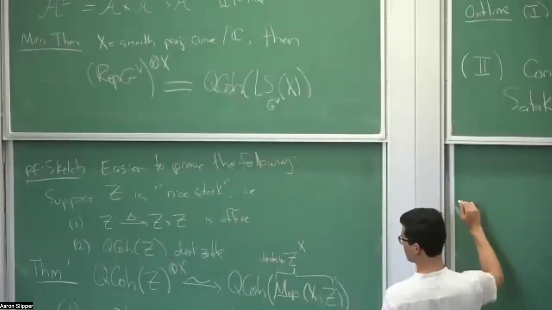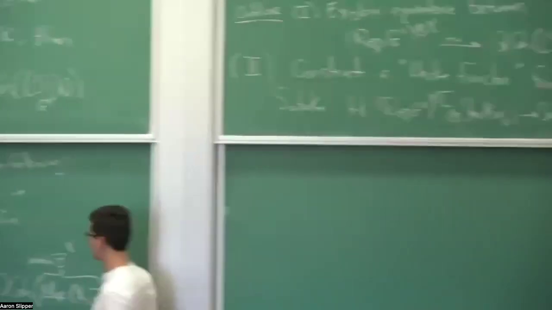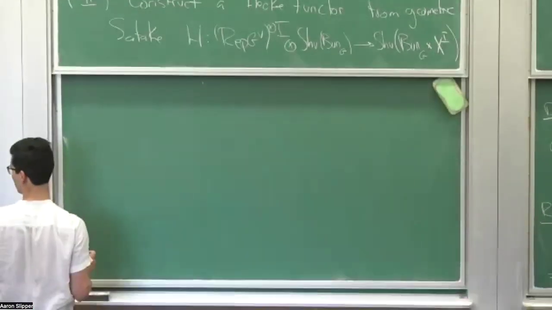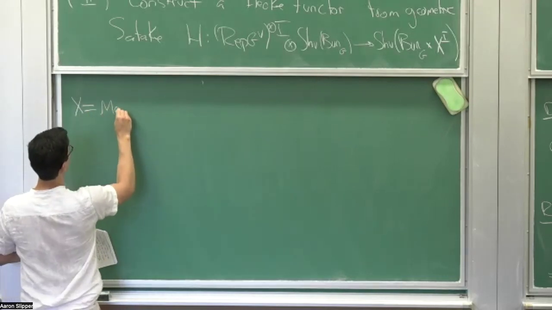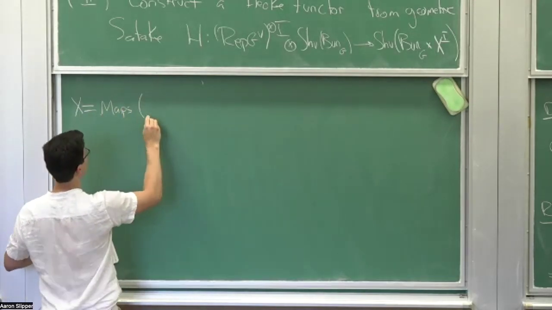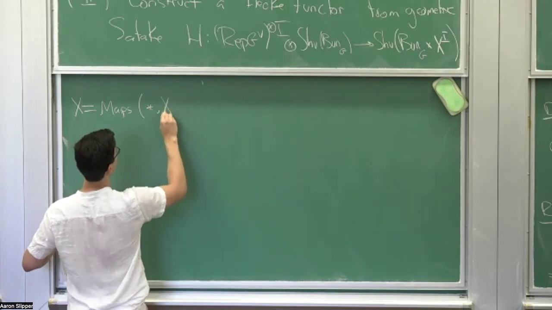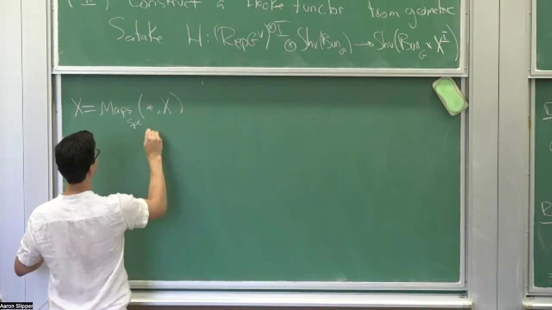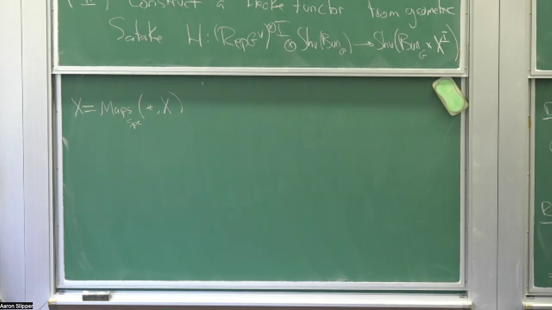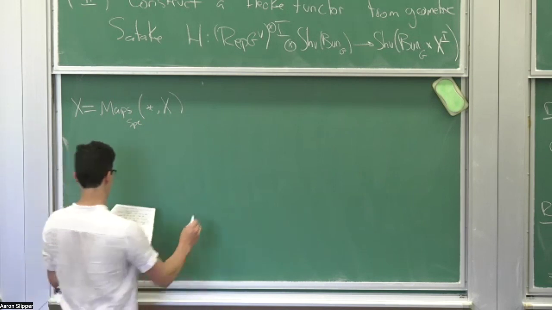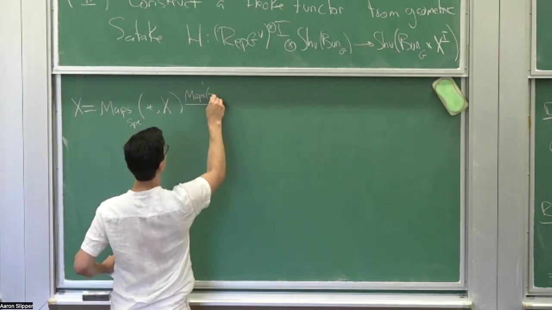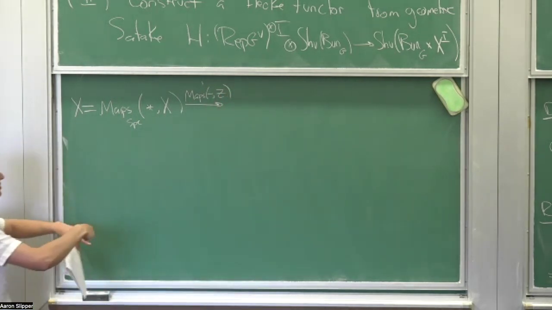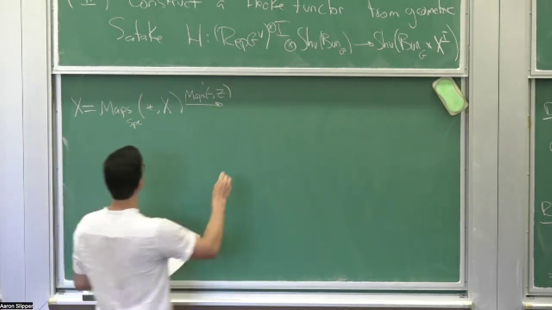So to construct this map is pretty simple. There's only two things you can use, and you use both. So first, rewrite X as maps from point into X, taking the category of spaces, and then just apply the functor maps into Z. So this is contravariant.